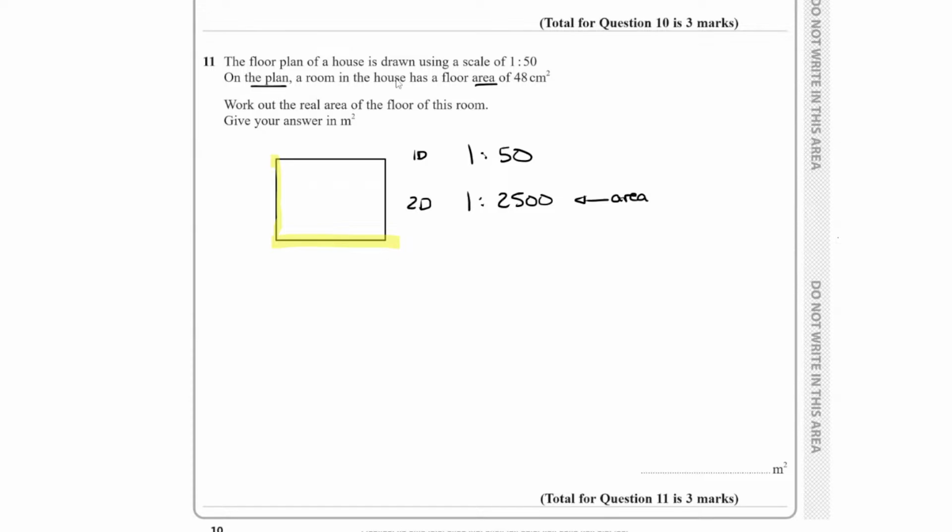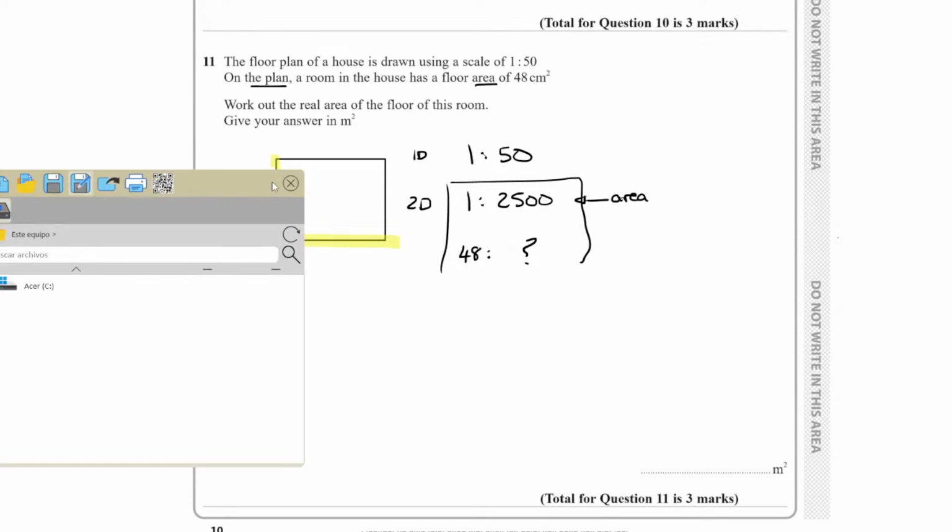Now, this is on the plan, so this is on the left side, isn't it? 48, and then how do I go? I'm just looking at this bit now. If I've got 1 to 2,500 and then 48 to what? Well, obviously I'd have to multiply 2,500 and 48, wouldn't I?